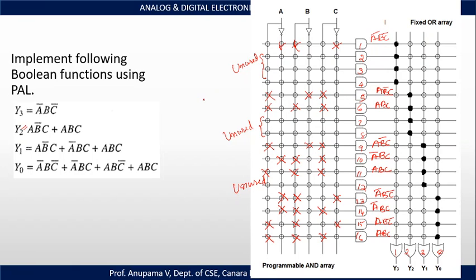So the drawback of PAL is some of the AND gates are unused, that is, the number of inputs for the OR gate is fixed. And the second disadvantage is that if the terms are repeated in a set of expressions, they have to be re-implemented. So that is one more drawback of PAL.